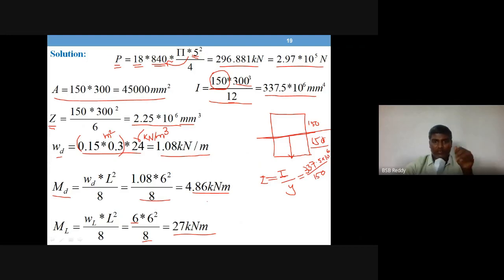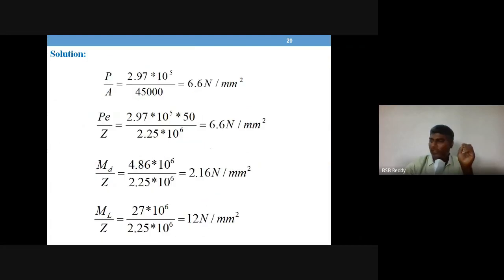Now let us see how to find stresses. Stress due to pre-stressing force: we have calculated the total pre-stressing force, divided by A, P by A, will give you 6.6 Newton per mm square.